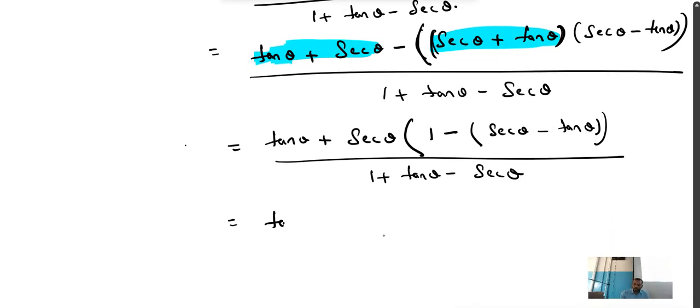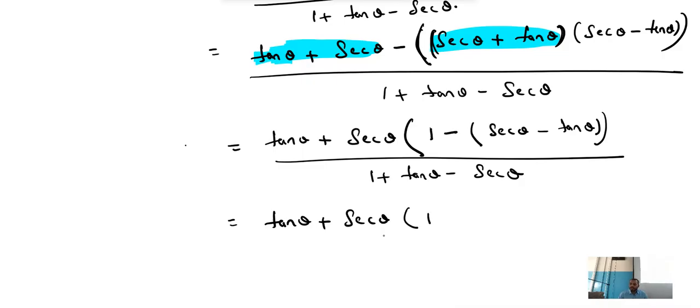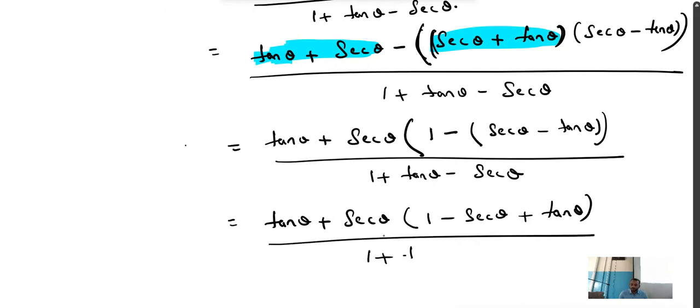Now reduce it. Tan theta plus secant theta, tan theta plus secant theta into 1, minus into plus minus secant theta, minus into minus plus tan theta. That's what I was telling. Divided by 1 plus tan theta minus secant theta.